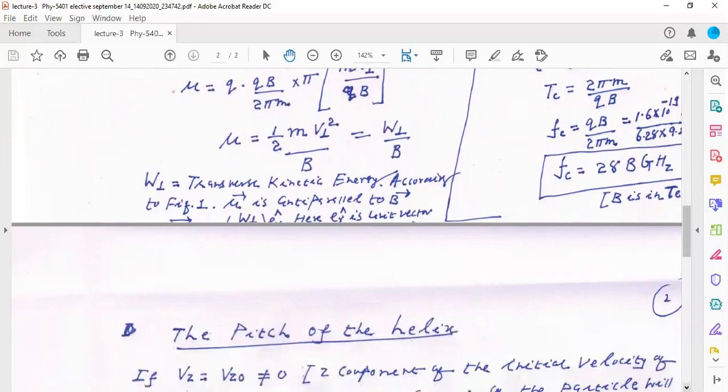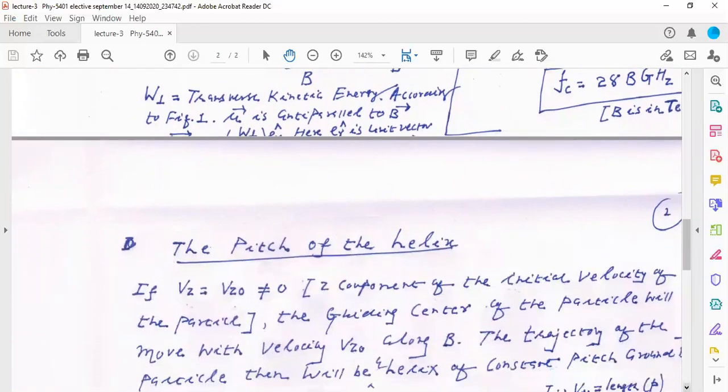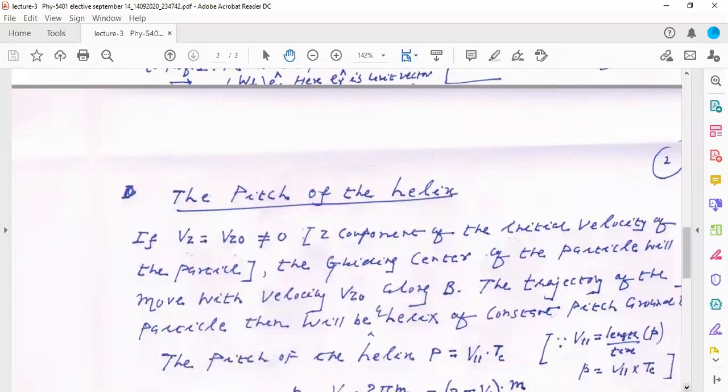Now we will see another point, known as the pitch of the helix. As I said earlier, the trajectory of the charged particle is a helical path, because there are two components of particle velocity: a parallel component and a perpendicular component.